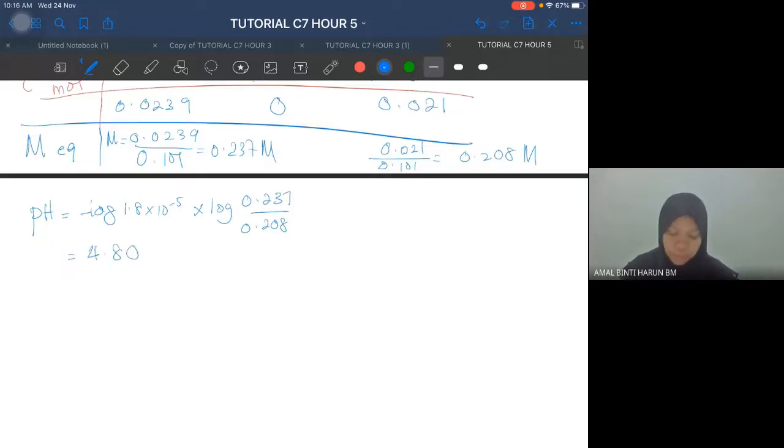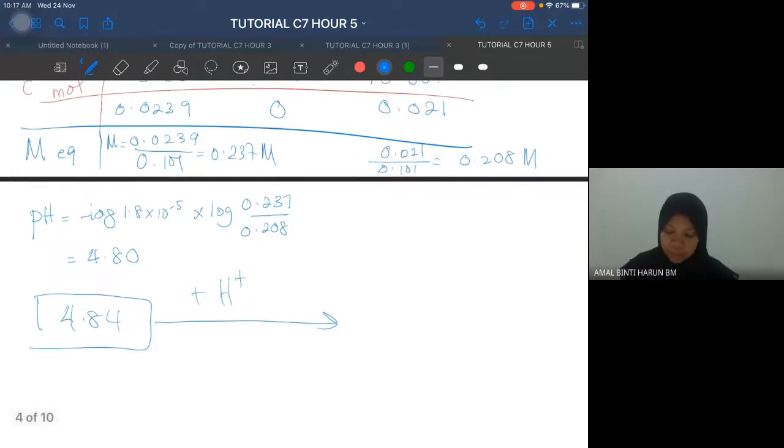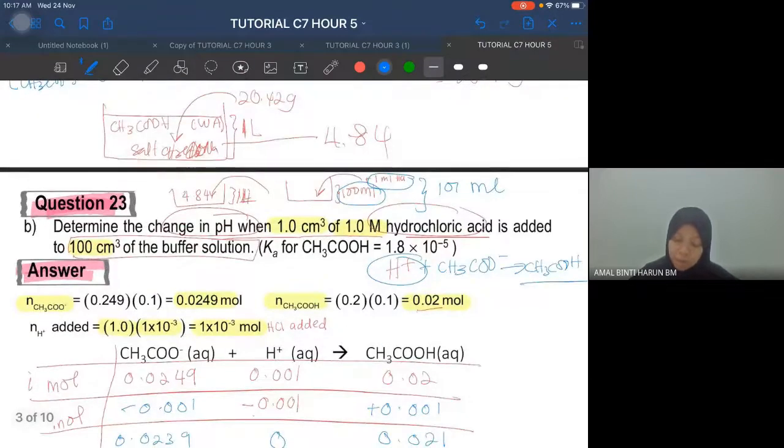Okay, so originally it is 4.84. So when we add acid, it decreases to 4.8. So logik kan dia decrease sebab kita tambah acid. So tambah acid, dia decrease. And then dia tanya what is the change.